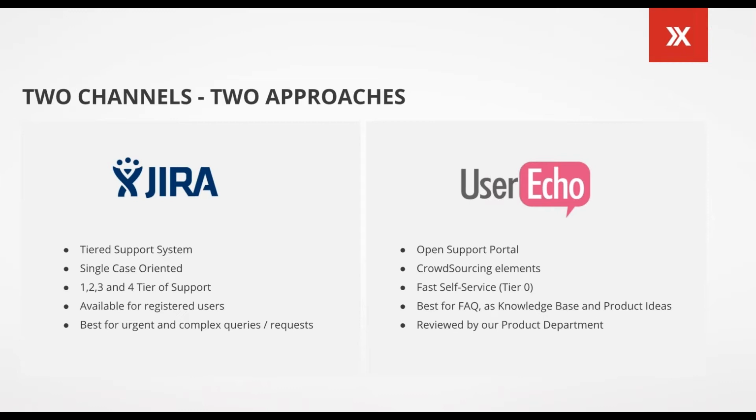Of course, there is also the second tool, and that is the JIRA support system with a registered ticketing system. It's a tiered support system, which means that we have a few levels of support. What is very important about this system is that it's a single-case-oriented system.